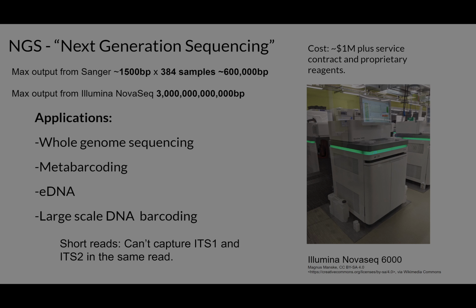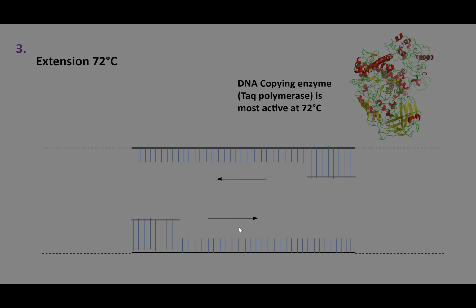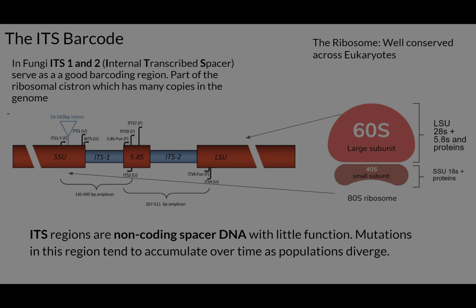So a typical fungal ITS region is going to be about 650, 700 base pairs long. You can't capture that in a single read. So when you sequence with this, you have to either go for sequencing this region here, you want to get ITS1, or you want to get ITS2. You can't do both.